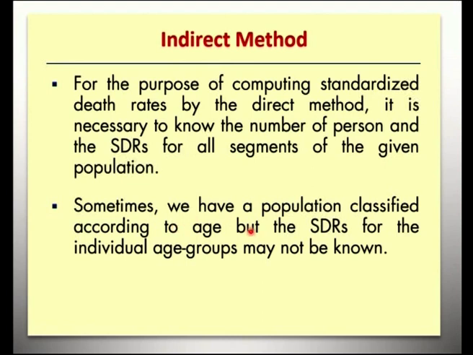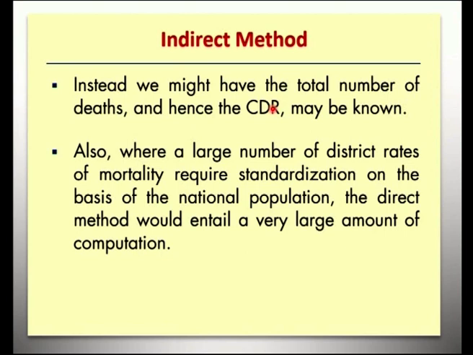Sometimes we have a population classified according to age, but the SDRs for the individual age groups may not be known. Instead, we might have the total number of deaths and hence the CDR may be known. Also, where a large number of district rates of mortality require standardization on the basis of national population, the direct method would entail a very large amount of computation.